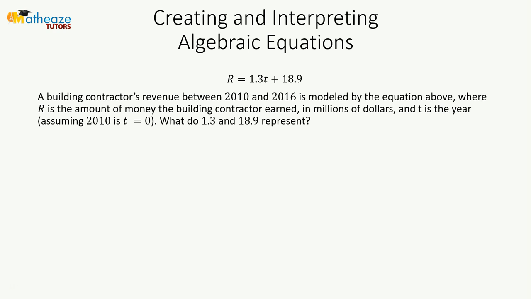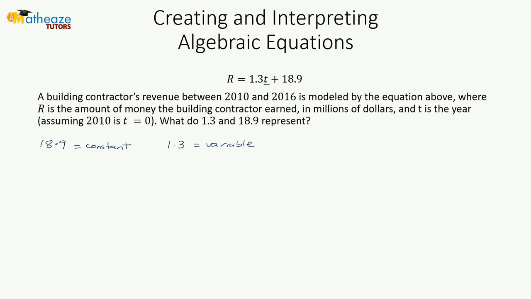What do 1.3 and 18.9 represent? So let's look at 18.9. 18.9 is a constant because it doesn't have T attached to it. So now we need to understand what that constant means. And we have 1.3 is the variable.